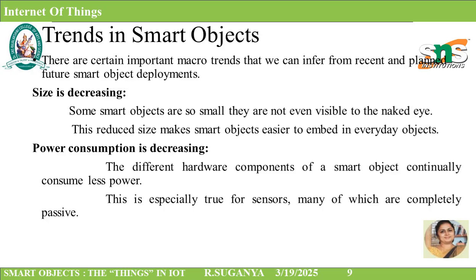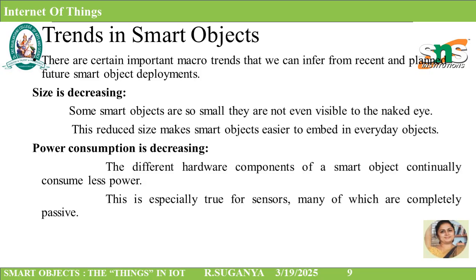Next is about trends in smart objects. Smart objects are becoming very small, not even visible to the naked eye. This reduced size makes smart objects easier to embed in everyday objects. Power consumption is decreasing because the different hardware components consume less power.